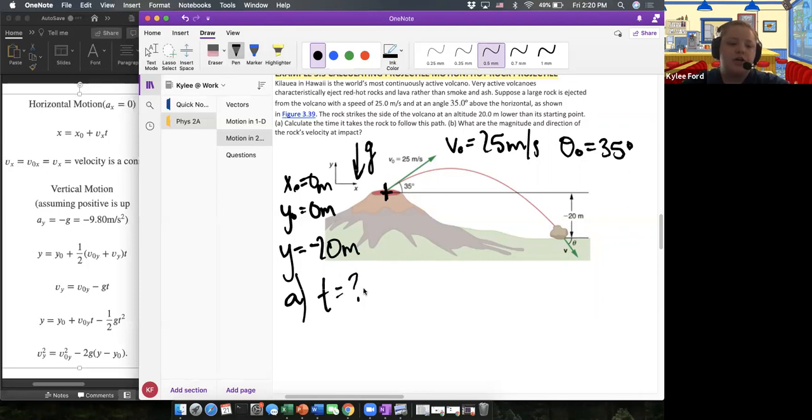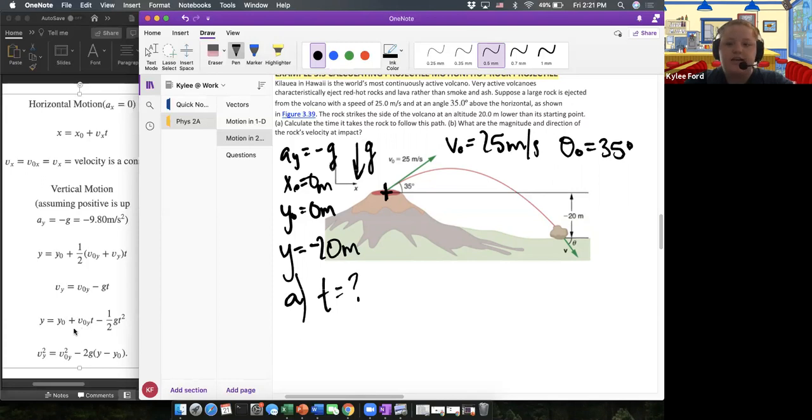And we know our acceleration in the y direction is negative g. We know our x naught and our y naught and our y. So let's see what we can use here. So we know our y, we know our y naught. Do we know our initial y velocity?